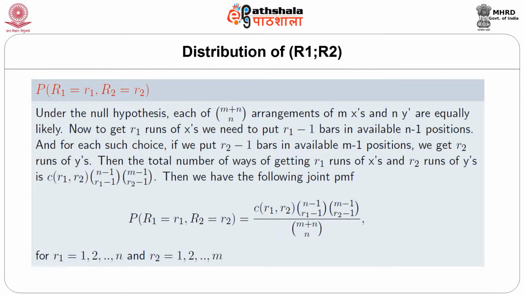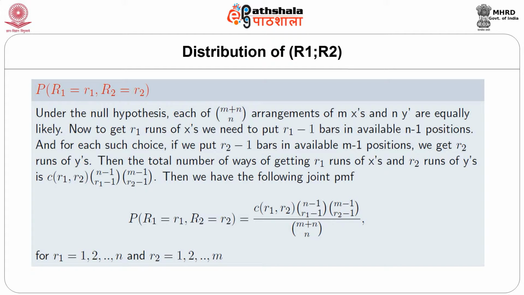Now, we shall derive the joint distribution of R1 and R2, where small r1 indicates the observed value of capital R1 and small r2 indicates the observed value of capital R2. Under the null hypothesis, each of the m plus n choose n arrangements of m x's and n y's is equally likely. To get r1 runs of x's, we need to put r1 minus 1 bars in the available n minus 1 positions, and for each such choice, if we put r2 minus 1 bars in the available m minus 1 positions, we get r2 runs of y's.